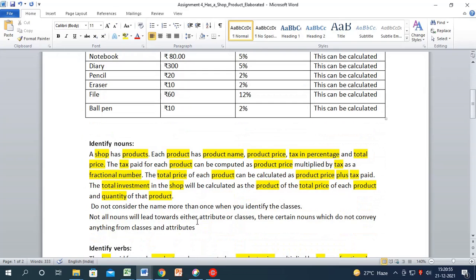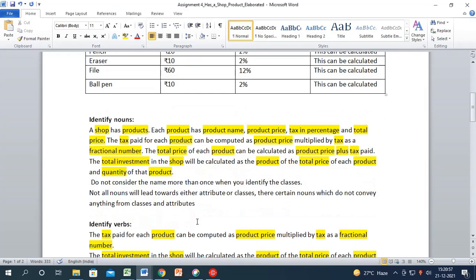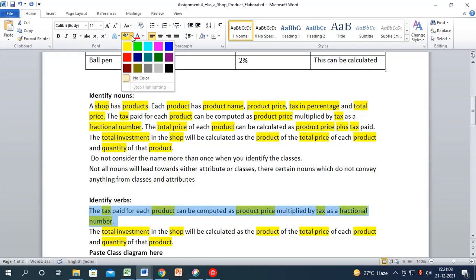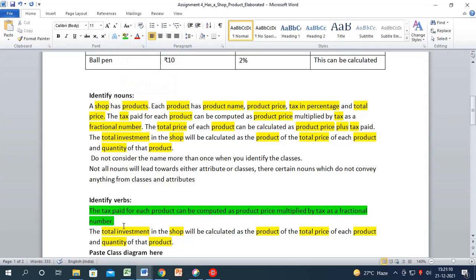Now this is what is highlighted as the noun. These are the nouns, and this complete statement probably will give you what kind of method a particular class has, and the other statement will also give you what kind of method a particular class has.